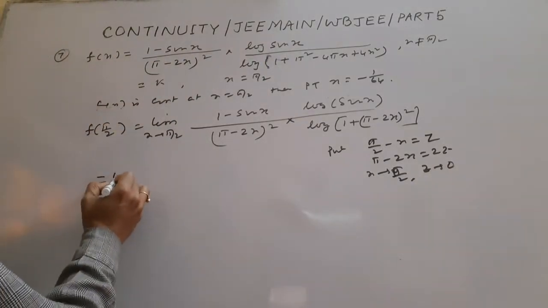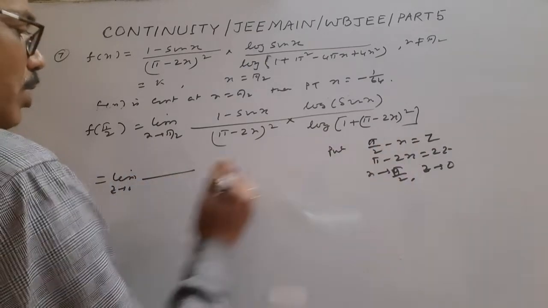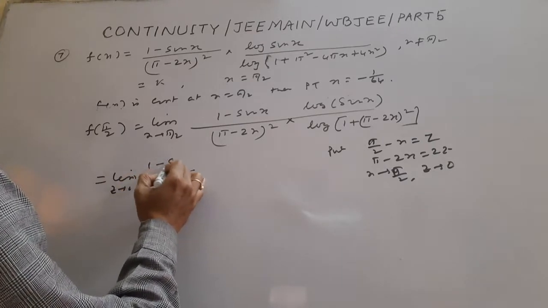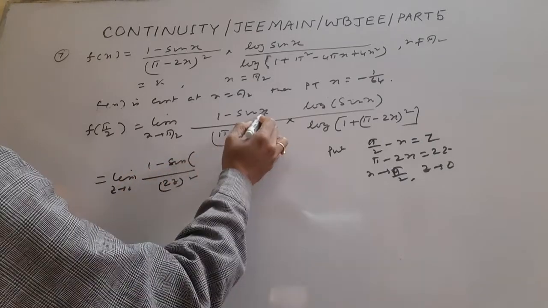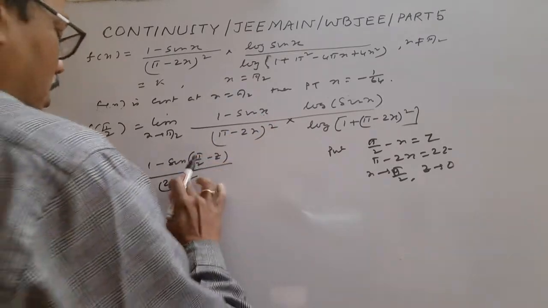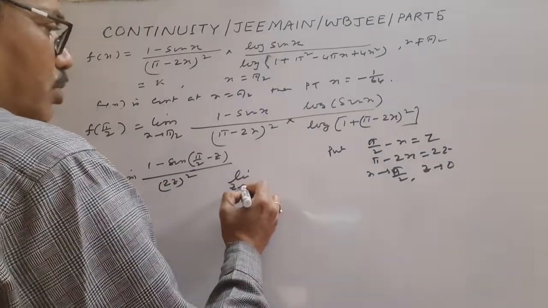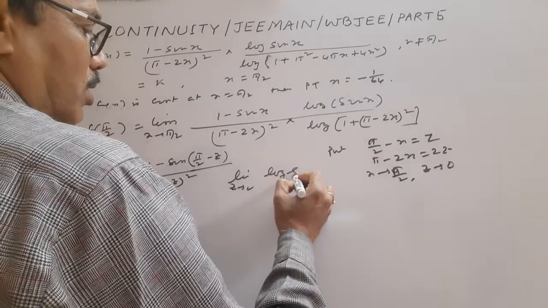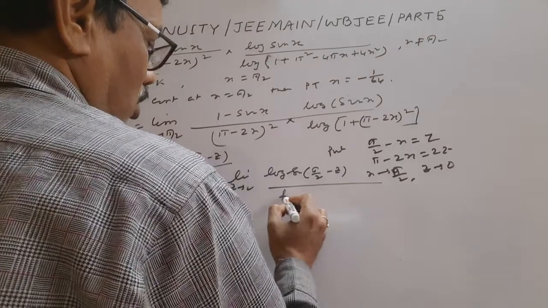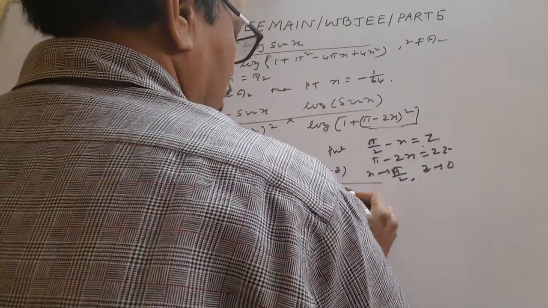So this is limit z tends to 0, pi minus 2x is 2z, 2z whole square, 1 minus sin of x, what is x? Pi by 2 minus z. This is whole square. Limit z tends to 0 of log sin of pi by 2 minus z, by log of 1 plus (pi minus 2x) which is z square.